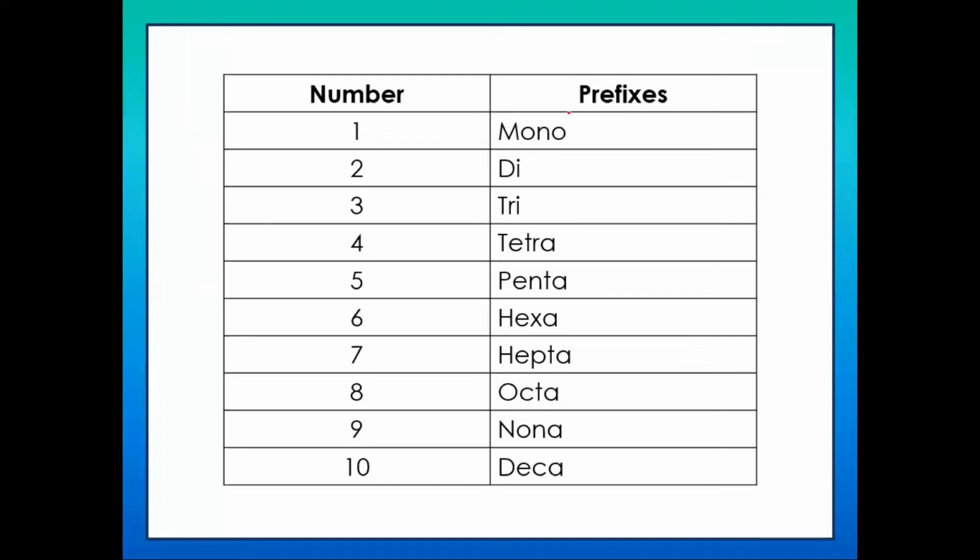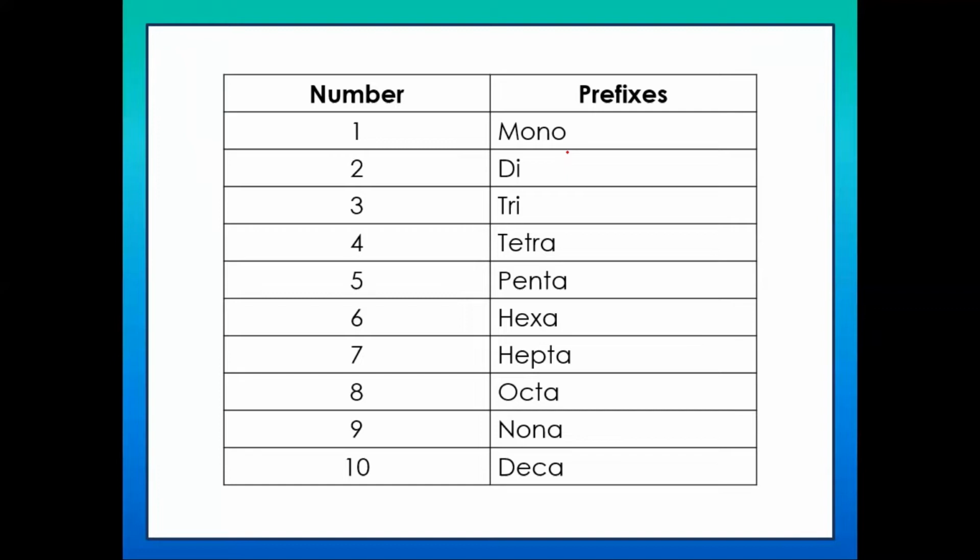Again, prefixes are words that must be added before the element name, while the suffix ide changes the letters at the end of the given element name.